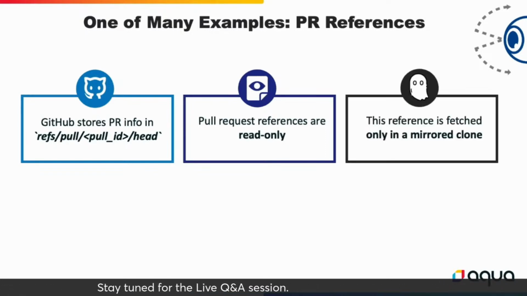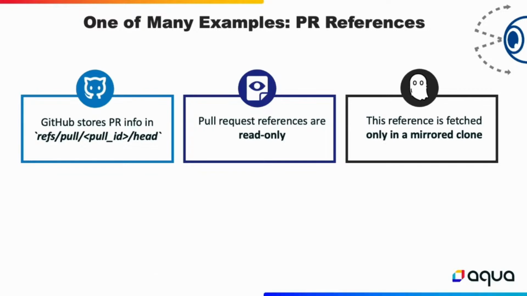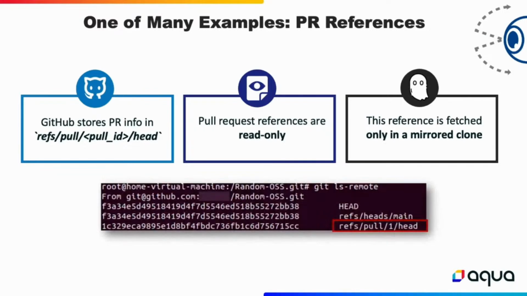Because they start with refs/pull, they will only be fetched on a mirror clone version of your repository, so you must do a git clone --mirror command to find them. And this is how it looks when you list the references of your project in the remote. In this case, you can see that there are several references of pull requests, including pull request number 1 on GitHub.